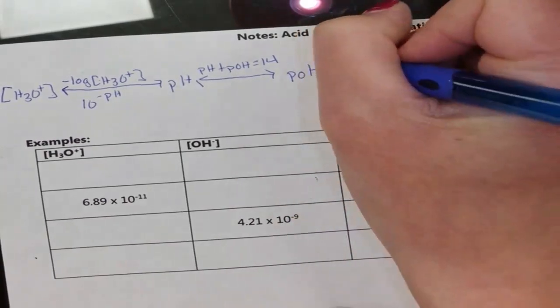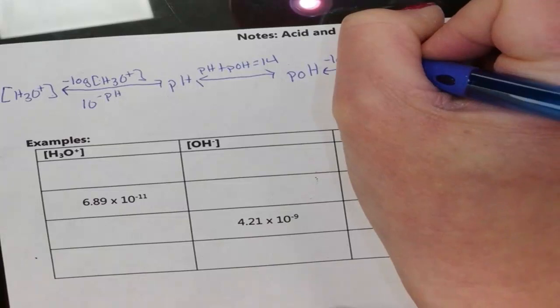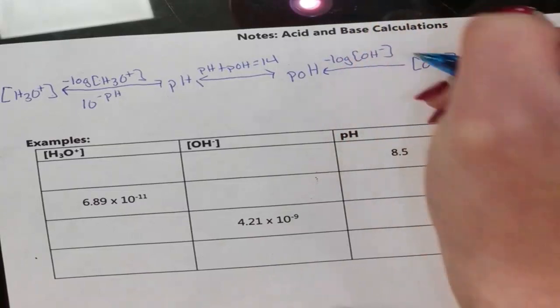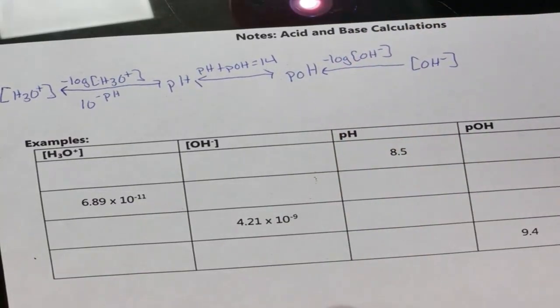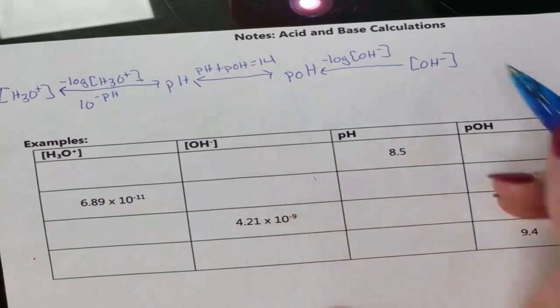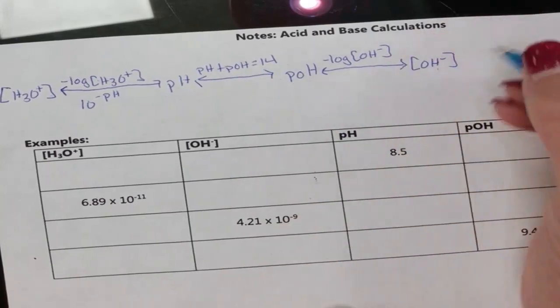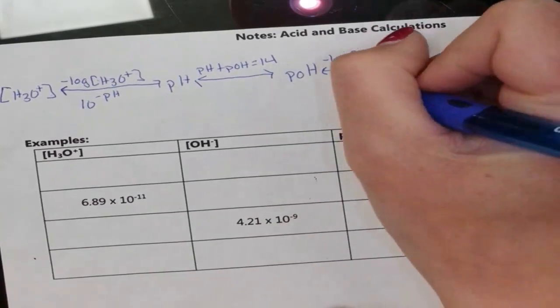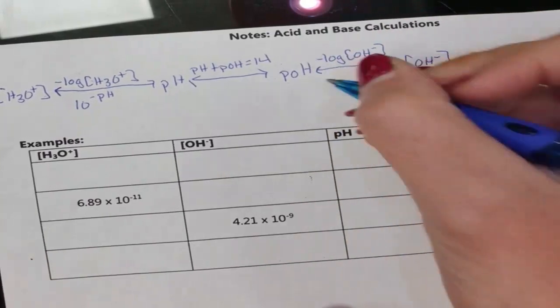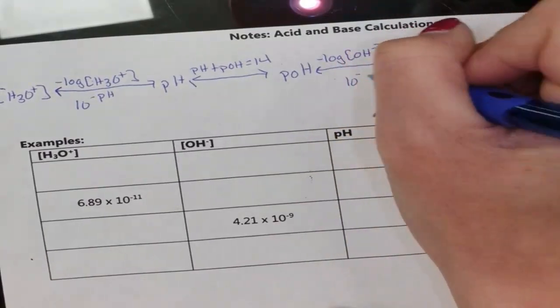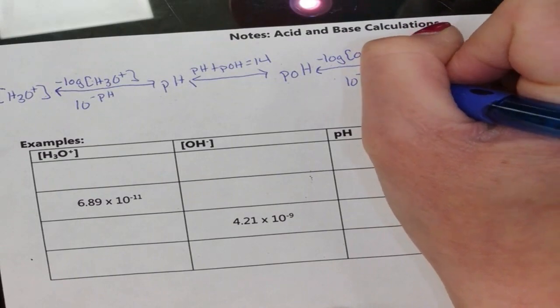So I'm going to negative log the hydroxide to get my pOH. If I have my pOH, I can find my OH by doing the opposite of negative log, which is 10 to the negative pOH.